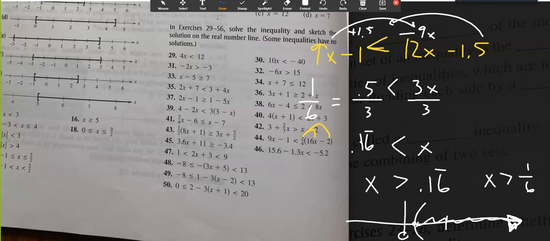Kids always ask me, when am I ever going to use this in my life? And I tell them the same answer. What you should really pick up from any math class is paying attention to details and catching mistakes. Every job in America, you have to pay attention to details.